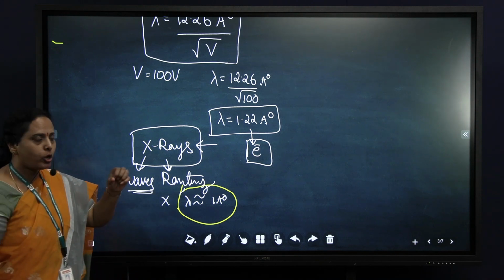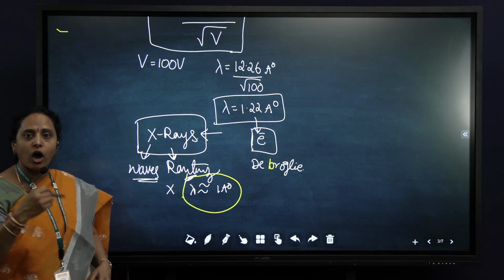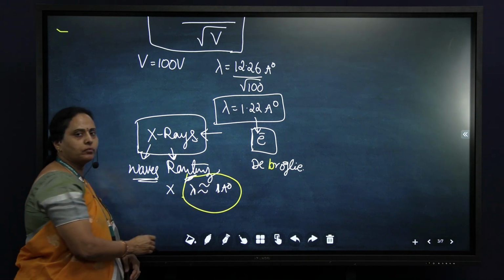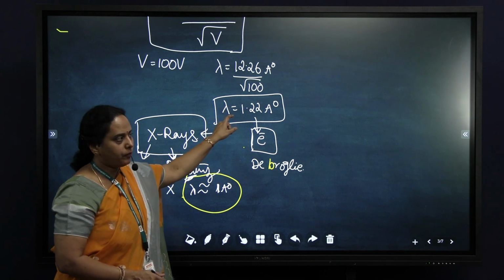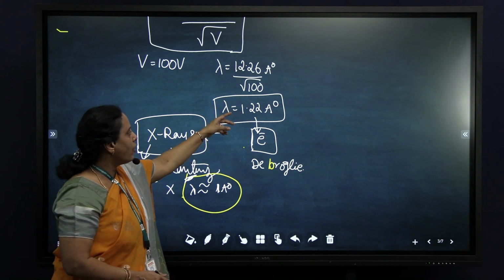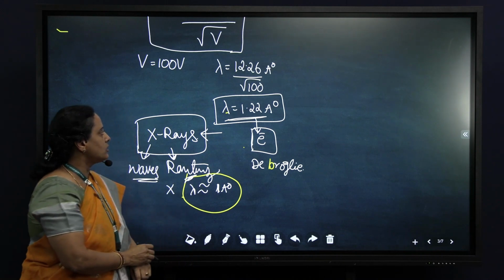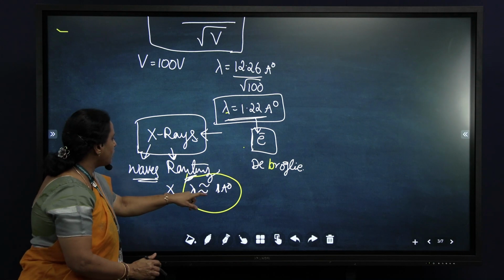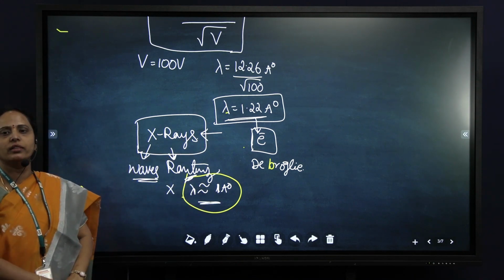Then de Broglie assumed that if X-rays behave like a wave with wavelength 1 angstrom, maybe these electrons are also associated with a wave. That is, electrons accelerated with a high potential, and we have found the wavelength of these electrons as matter waves to be 1.22 angstrom, which is nearly equal to the wavelength of X-rays.